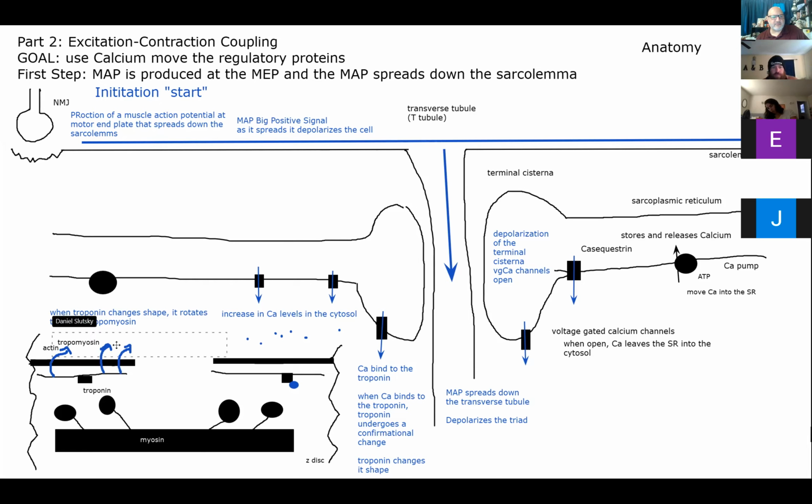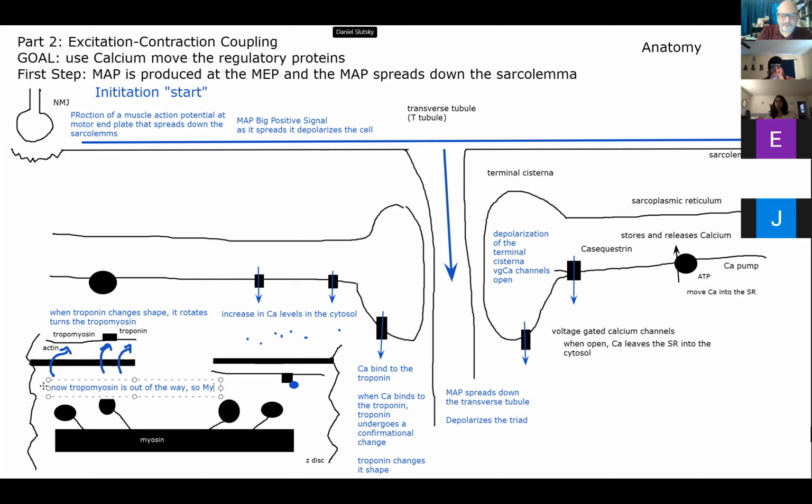So let's go ahead and grab that one, move it there, grab that, move it there, cheat and do that. It's something I can't do on the whiteboard, so that's always fun. It rotates it out of the way. And now that the tropomyosin is out of the way, so now our actin, pardon me, let's rephrase that.